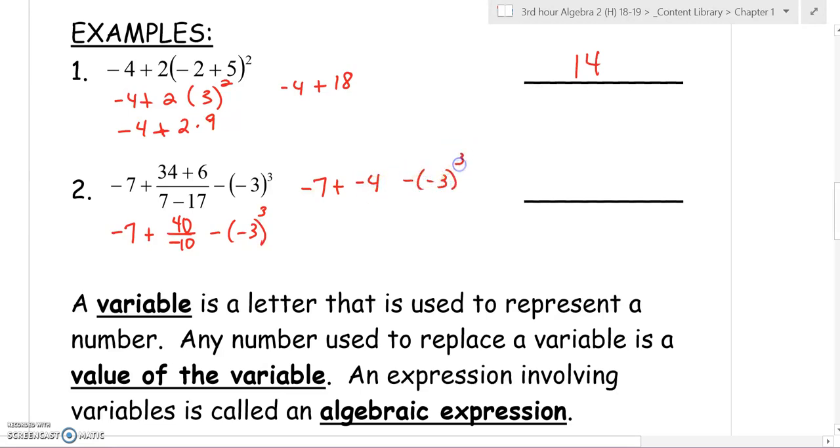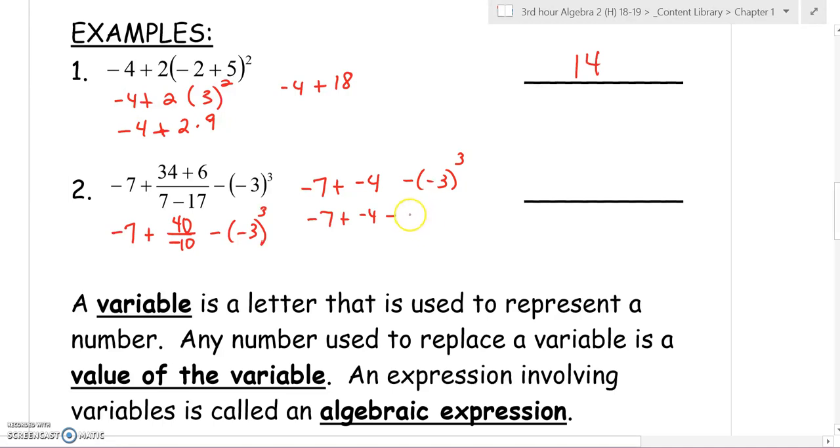And now I'm going to go along with my order of operations. So the next thing I see is I've got adding, I've got subtracting, but I also have a power. So I'm going to do -3 to the 3rd power. We have to be very careful when we raise -3 to an odd power.